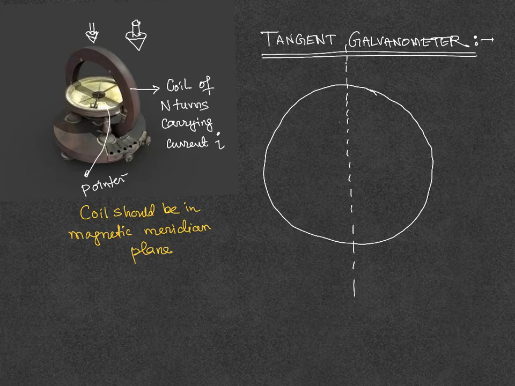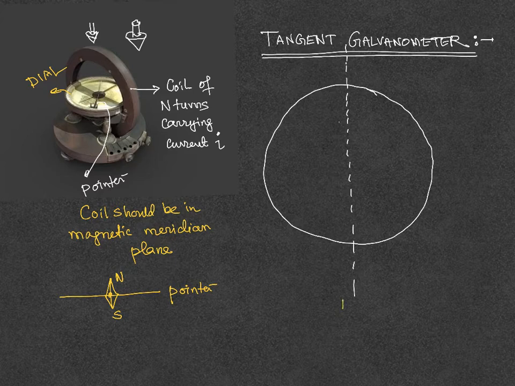See, this long stick is the pointer, and tied to the pointer you have a very small magnetic needle. The needle is so small, it is at the center of the dial almost. This is the dial. Now this is the magnetic meridian plane.